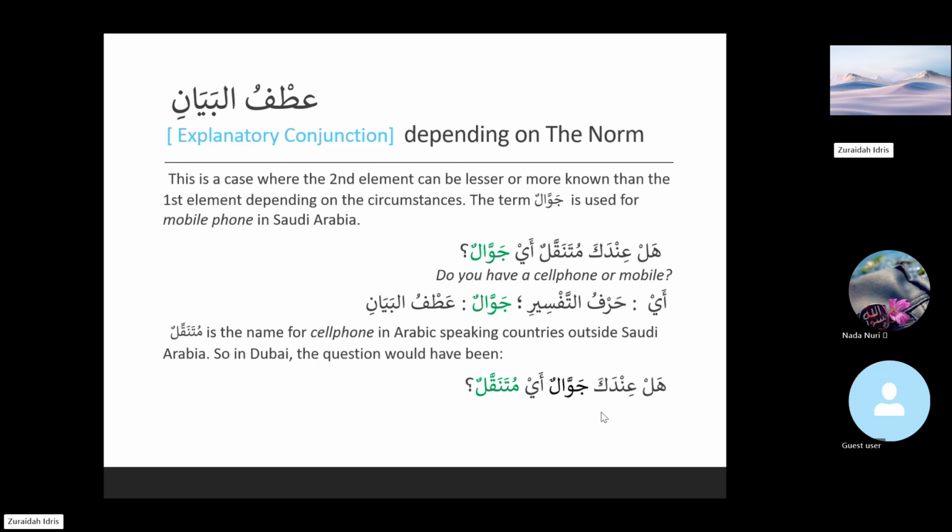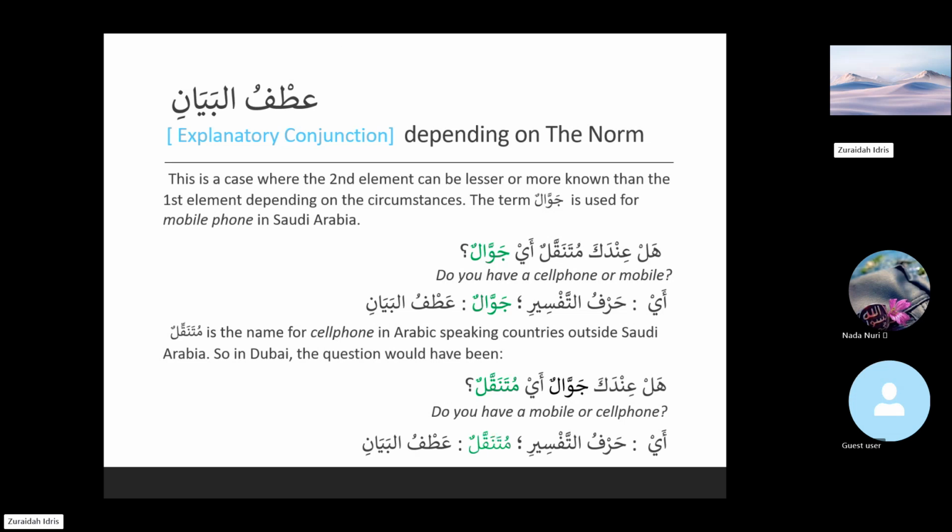Sorry, is this right? No, you're not asking someone who is Saudi, but you're asking someone who's outside Saudi. Yeah, sorry, because mutanaqalun is the better known one. Yeah, and do you have a mobile or cell phone? So in this case, the better known is this one, and this would be your atfu bayan.